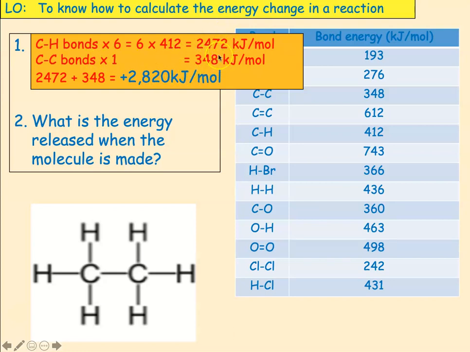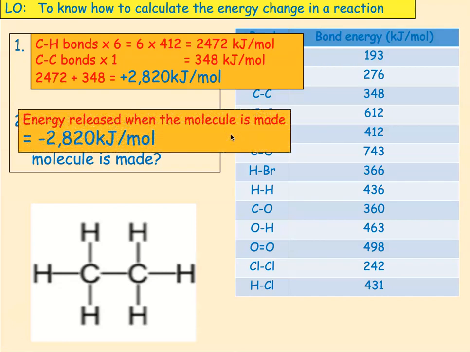Add those two together and we get 2,820 kilojoules per mole. Okay, what is the energy released when this molecule is made? Just the same as with all the previous ones we've done, it is the same amount of energy, only we're releasing it, and we show that with a minus sign.